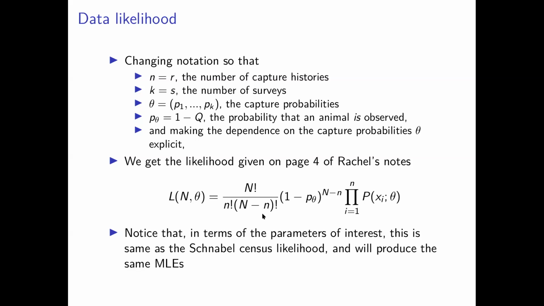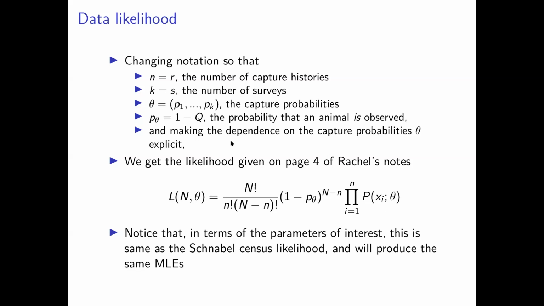And so we've just changed the notation. So we've got n for r, and 1 minus P sub theta for Q. And we're making this dependence on the capture probabilities explicit here. So the capture history probabilities depend on the parameters, which are the capture probabilities.